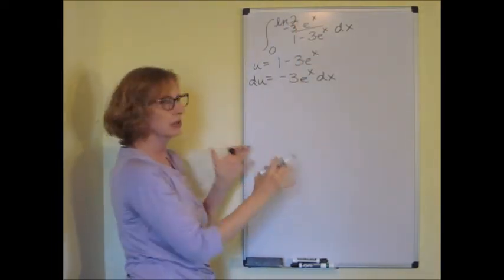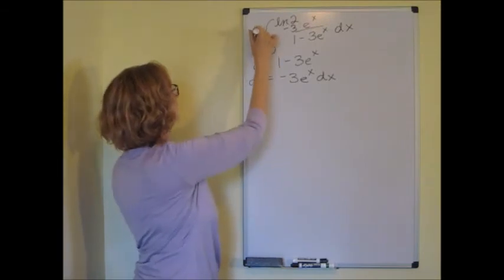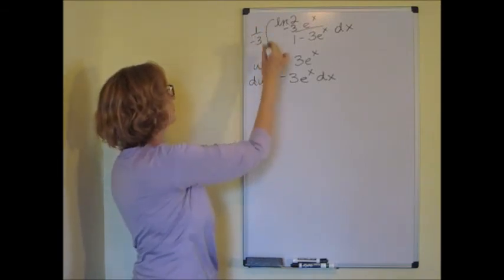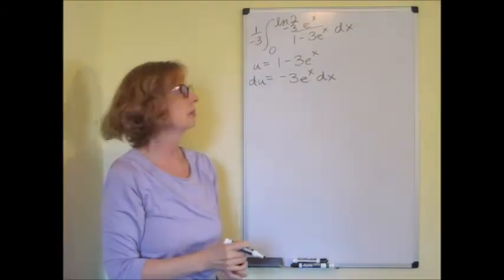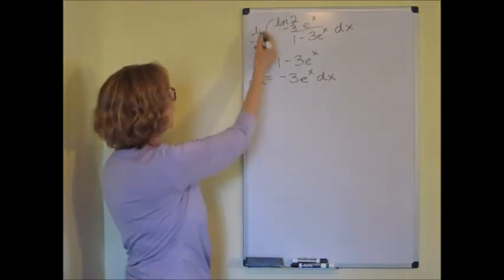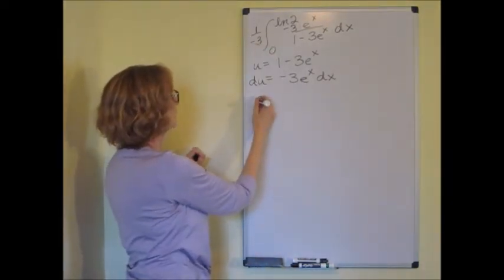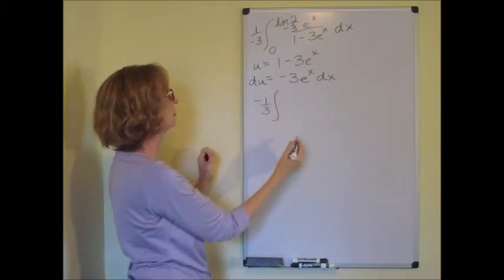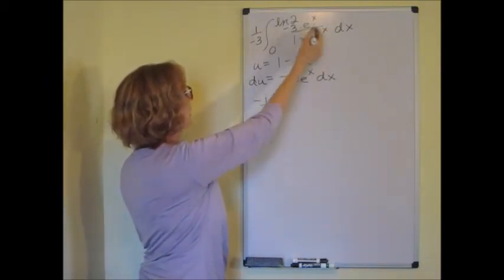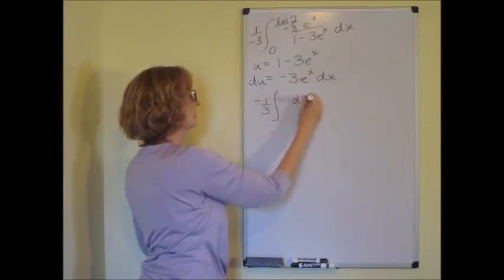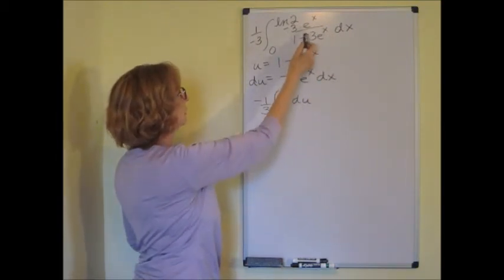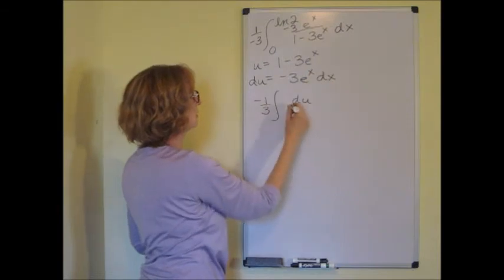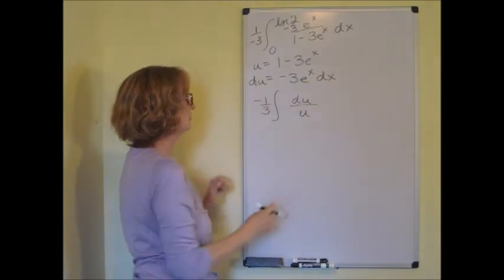And if I multiply by negative 3, I better divide by negative 3, or multiply by negative 1/3. So what I have here is a negative 1/3 times, if I write it in terms of u, du, which was negative 3e to the x dx, over u.